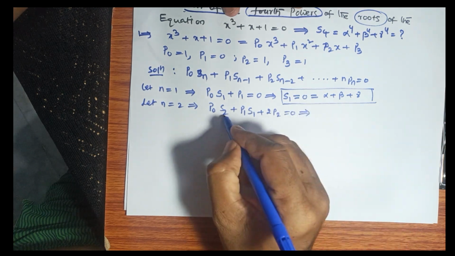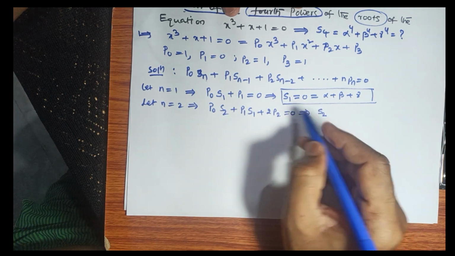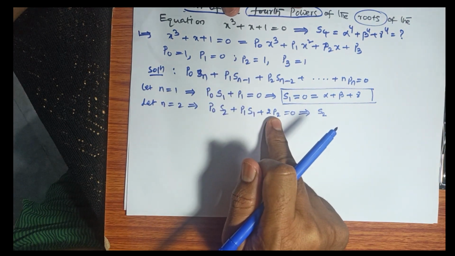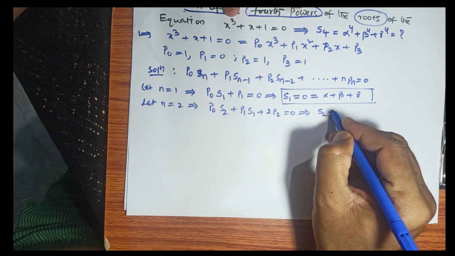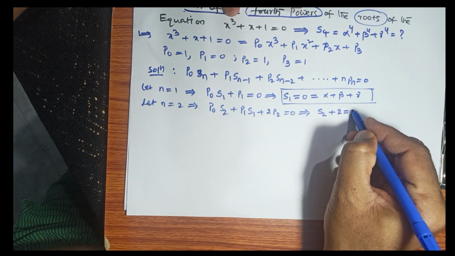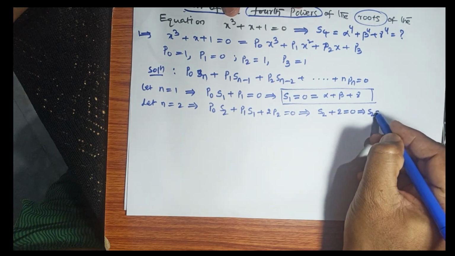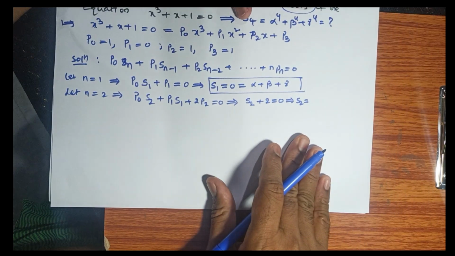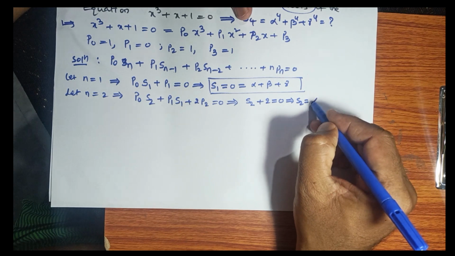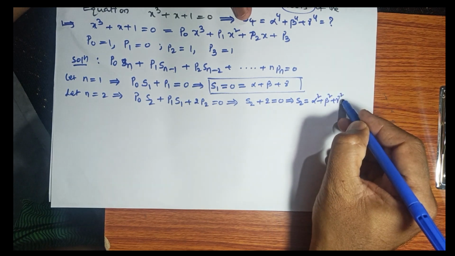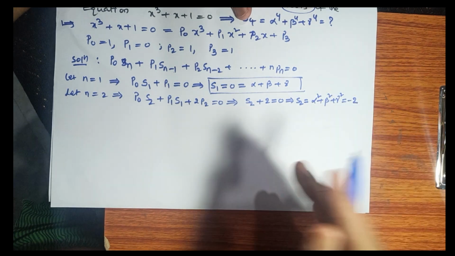P1 is 0, P2 is 1, so S2 plus 2 is equal to 0. That means S2, which is alpha square plus beta square plus gamma square, is equal to minus 2.